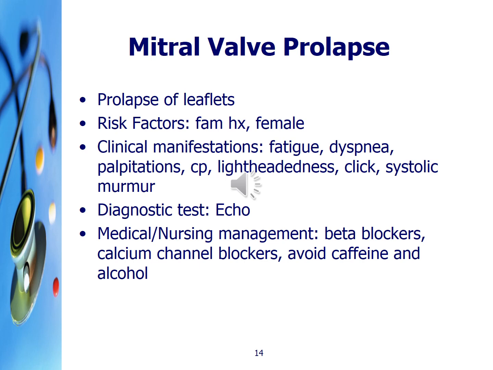But if they do have symptoms, it's because the blood is leaking backwards, or regurgitating. The patient's symptoms can vary from one person to the next, but they tend to be mild and usually develop gradually. They may have a racing or irregular heartbeat, or arrhythmia.